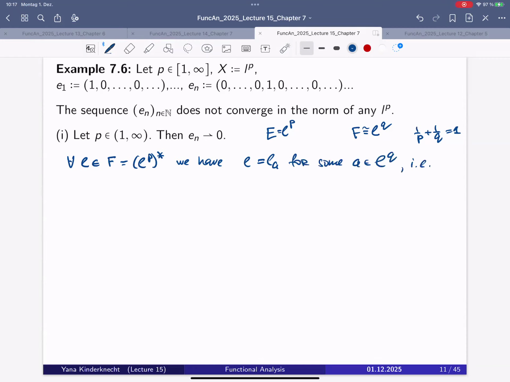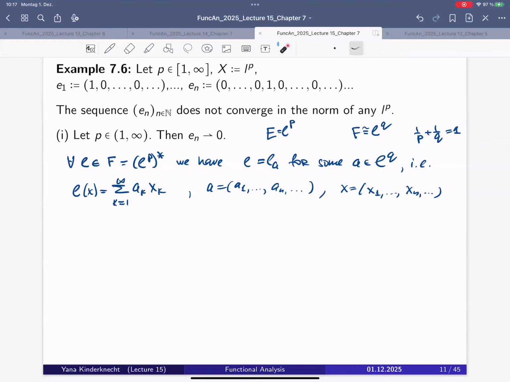That is, my L acts on X in the following way. This is the sum, K from 1 to infinity, AK XK. A is a vector with coordinates, and X is also a vector with coordinates. X from LP and A from LQ, yes?